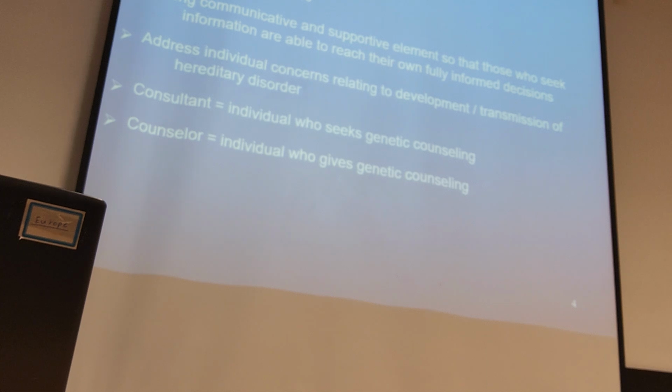So they want to know if they want to have another child, what's the risk of having another child which is affected or is healthy, or even for some disorder, somebody wants to know he or she will be affected in future or not. And what's the chance of transmission of this disease to his or her offsprings?